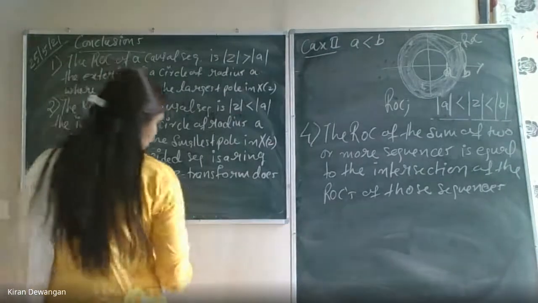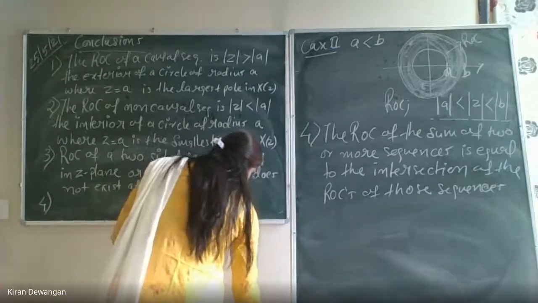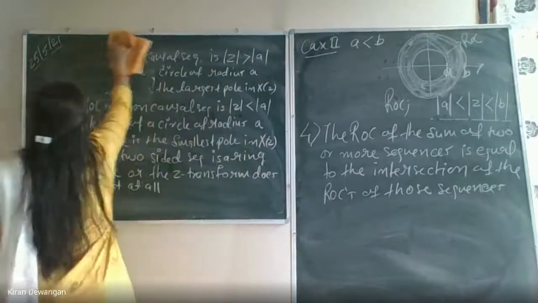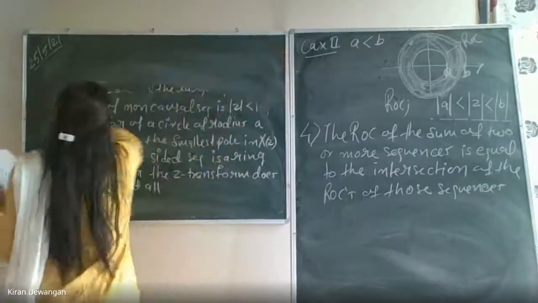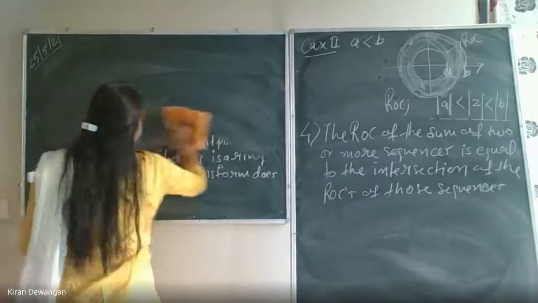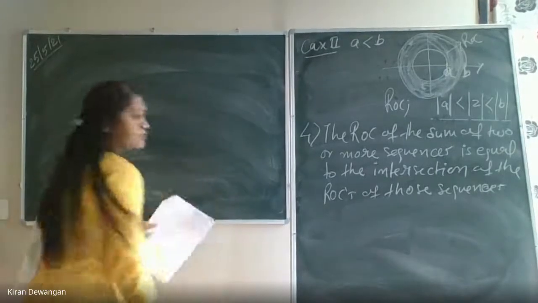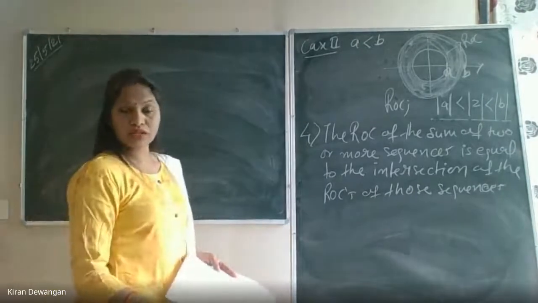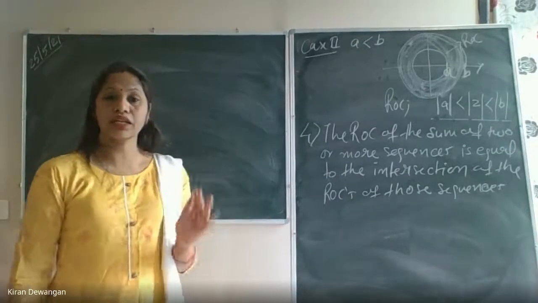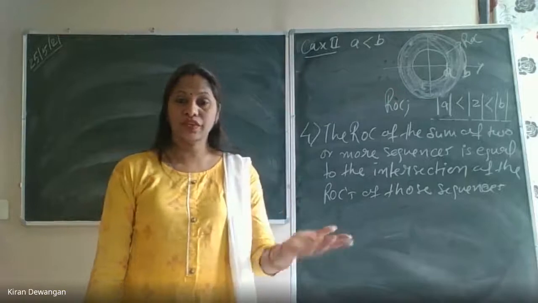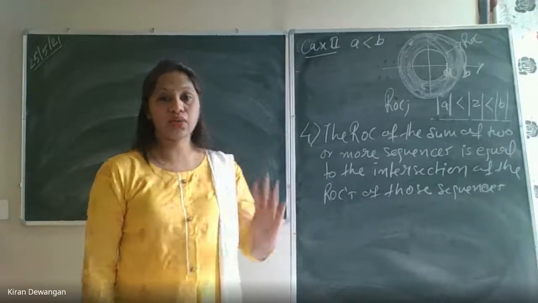Z transform of finite duration sequences. Till now we have been obtaining the Z transform of infinite duration sequences. Where did we write from? 0 to infinity, minus infinity to minus 1. That is for infinite duration sequences.